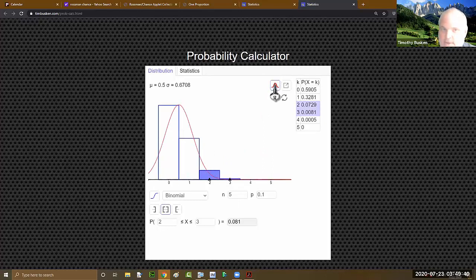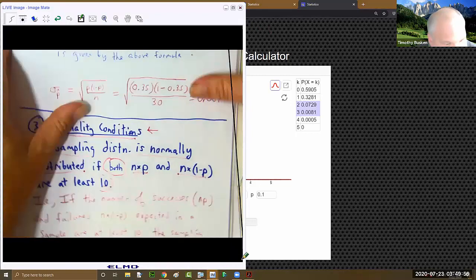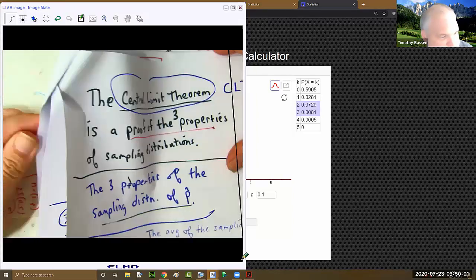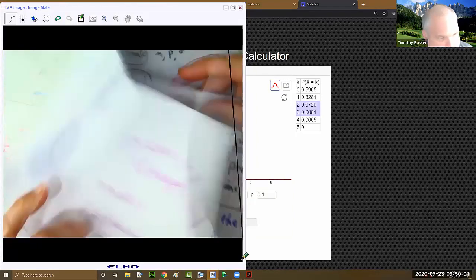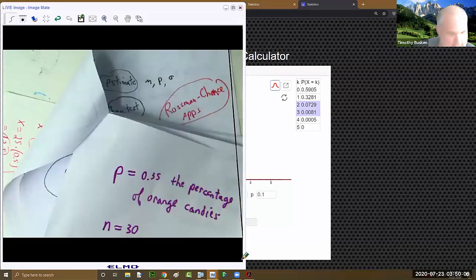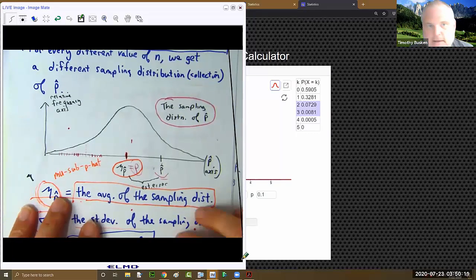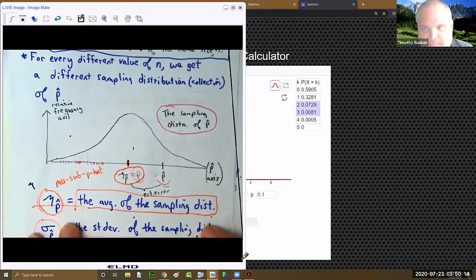So whenever you conduct a binomial experiment, you're getting a sample percentage, and that sample percentage is a random variable. It's a number on the p-hat axis of the graph of the sampling distribution. Here's your sampling distribution of p-hat, the graph of the entire collection of p-hat.